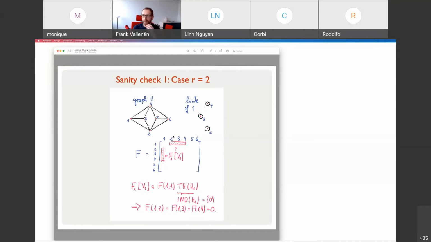Maybe because of time reasons, I won't go through this. Just believe me that if r is equal to 2 and we unfold the definition we just discussed, you end up with the original theta body again. So the first sanity check is okay, because we didn't define anything new in the case of graphs.